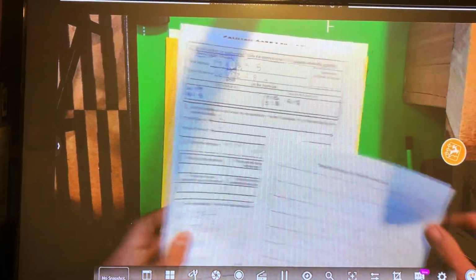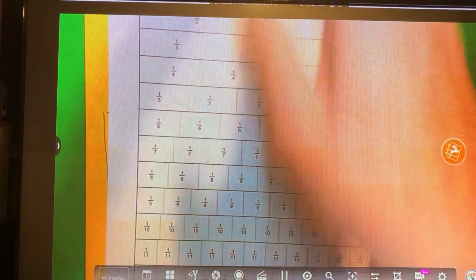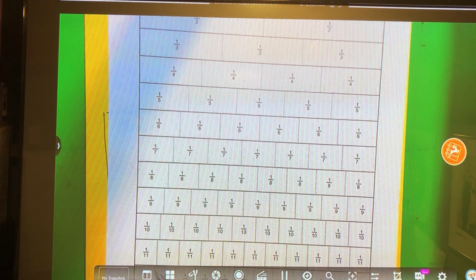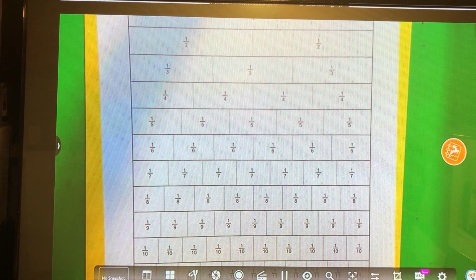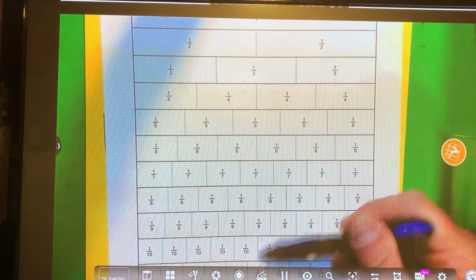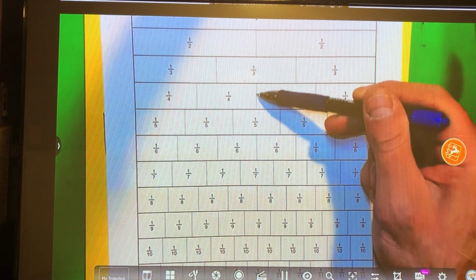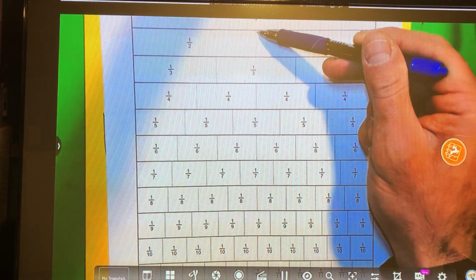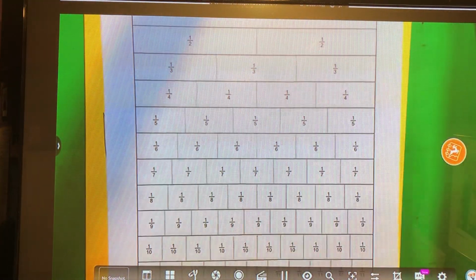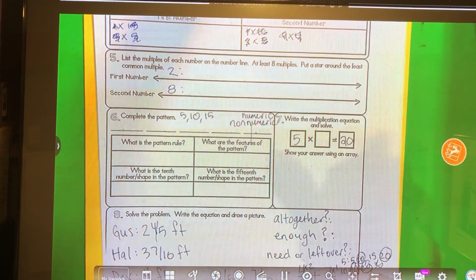If I find 5/10 on my fraction strips here, I see 1, 2, 3, 4, 5. 5/10 here, and if I go up, it should line exactly up to the 1/2 space, and it sure does. So 5/10 is equivalent to 1/2. That's me putting 5/10 into simplest form.